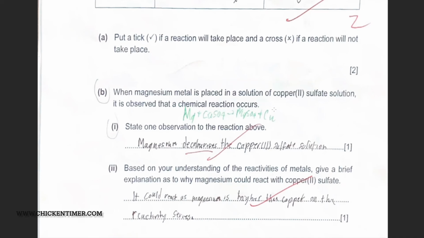And of course, you wrote here that magnesium reacts with copper sulfate to become magnesium sulfate and copper. Magnesium sulfate is colorless, copper sulfate is blue. So magnesium does cause the blue copper sulfate solution to decolorize. Then red-brown precipitate, silver. See the color observation. Okay, yeah.